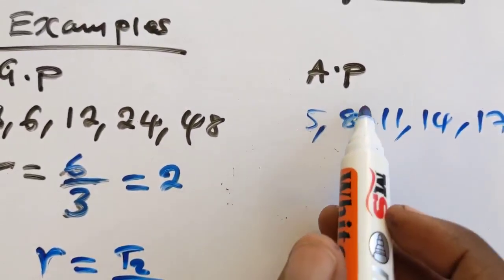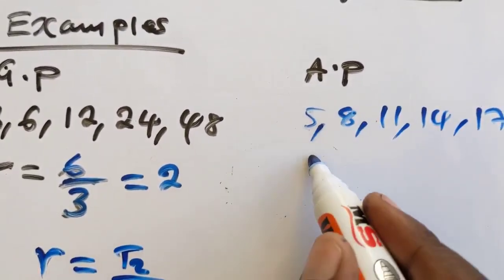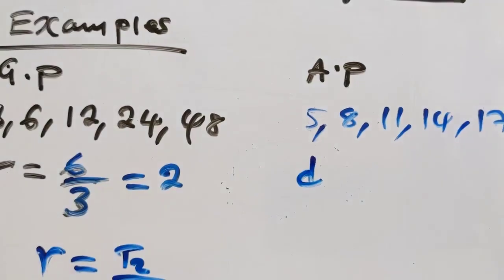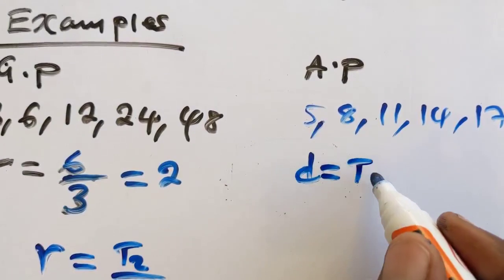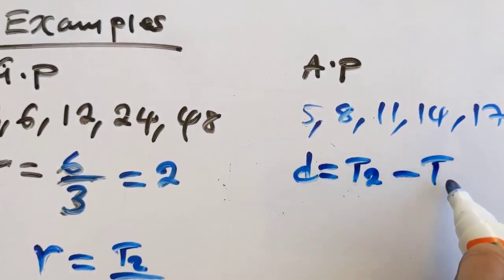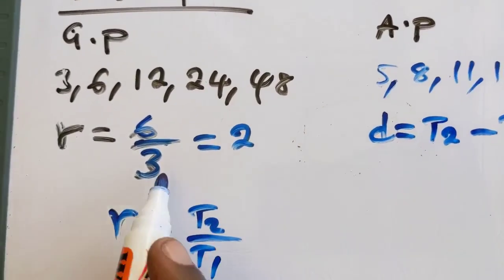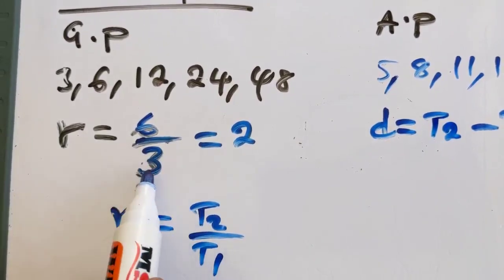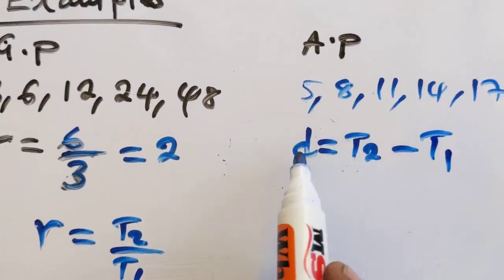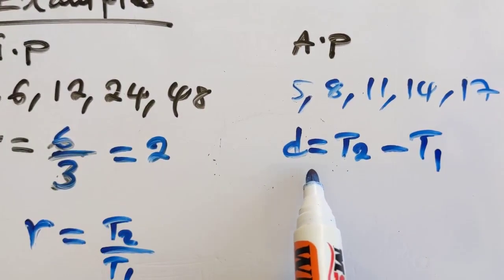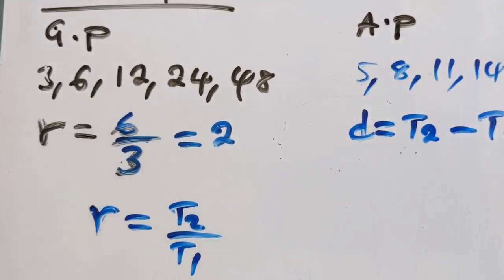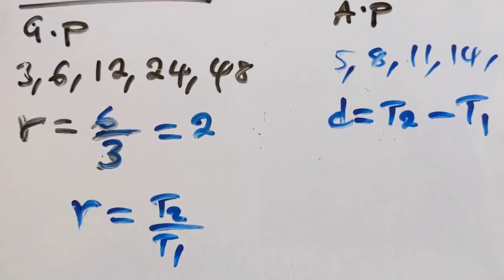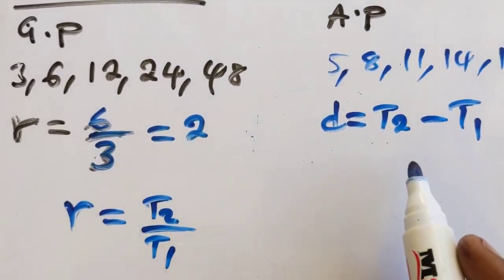In the previous video, we said that the common difference is term 2 minus term 1. The difference is that here we divide the terms, but there we subtract the terms. This is the common difference, and this is the common ratio. In a ratio, you divide; for a difference, you subtract.